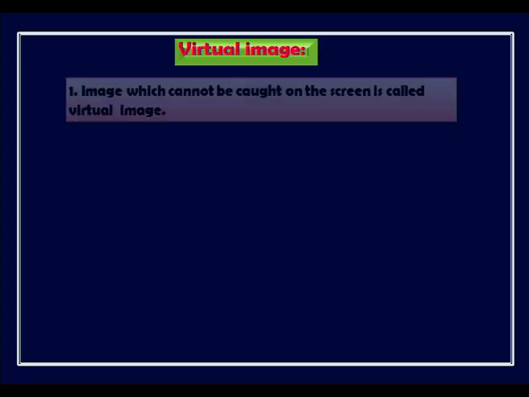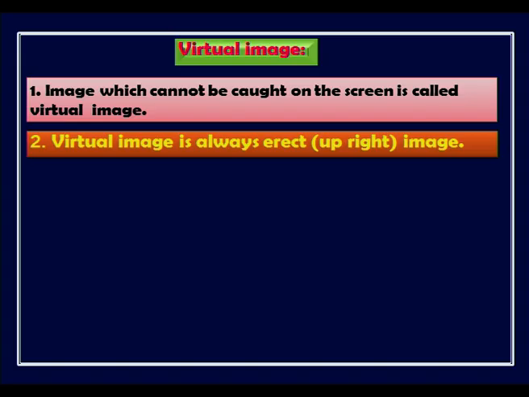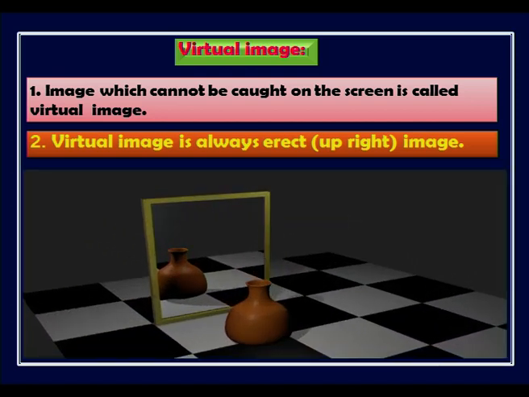Now, we will discuss the virtual image. An image which cannot be caught on the screen is called a virtual image. Students, remember, a virtual image is always an erect or upright image. Here we can see the image formed by a plane mirror is a virtual image.